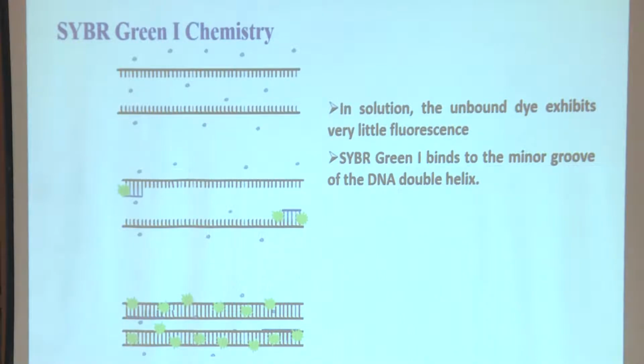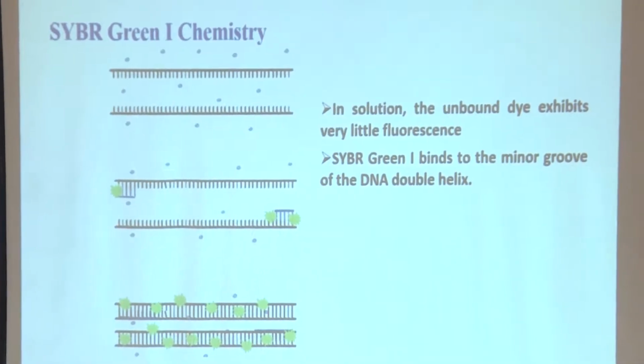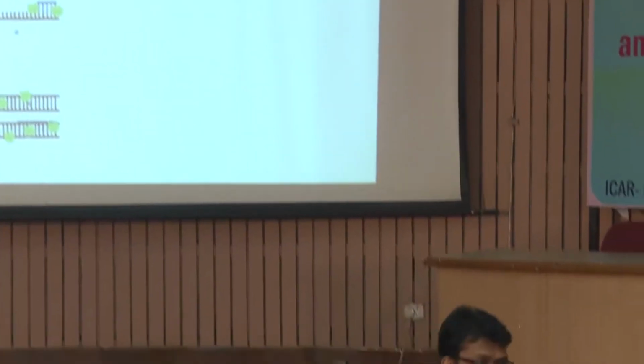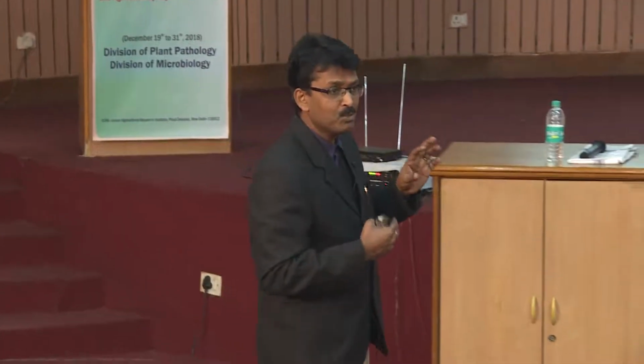When does it happen? When it becomes 2 single stranded, primer binding and extension. At that stage, what happens? SYBR Green has a specific affinity towards the minor groove of double stranded DNA. So, it goes and binds there.